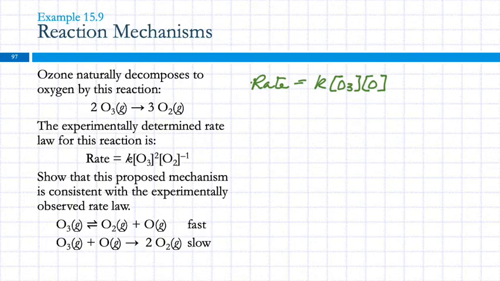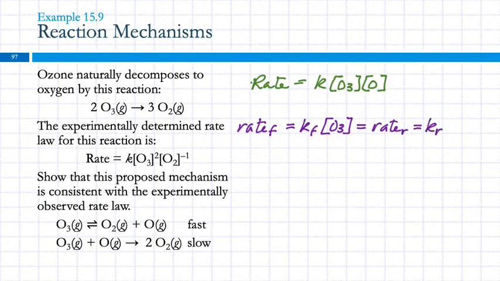And so we can say the forward rate is going to equal a rate constant times O3. That's the forward rate here because there's only one reactant, O3. And that's going to be equal to the reverse rate because this is at equilibrium.